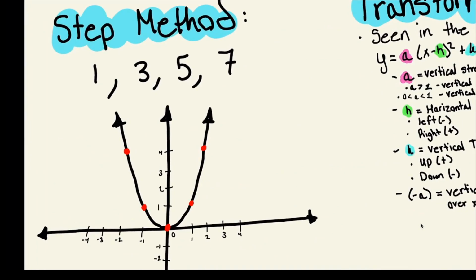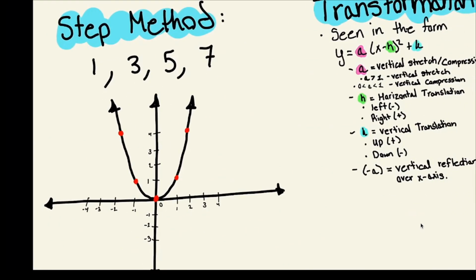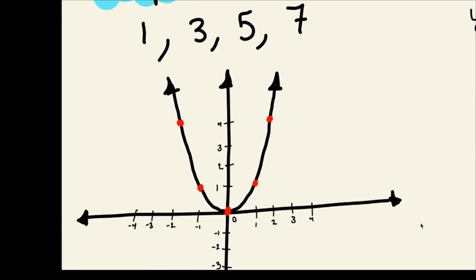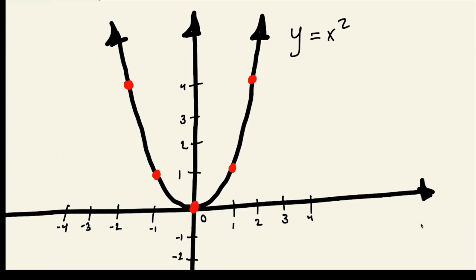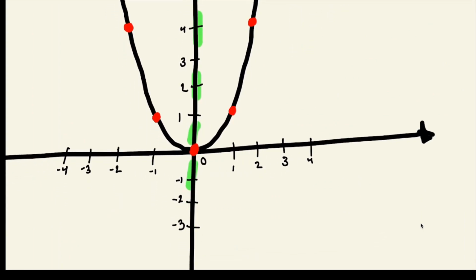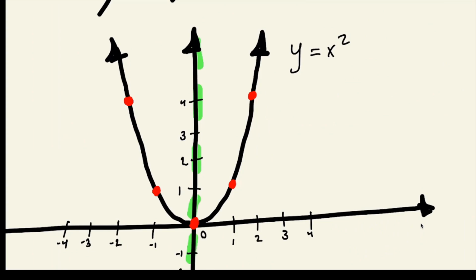And another one of the key things that also helps you graph is the step method. So, what is the step method, right? If you notice in a y equals x squared graph, it's symmetrical. So if I draw a line here, if this is the axis of symmetry, because remember, a parabola is symmetrical, the left and right side are symmetrical.